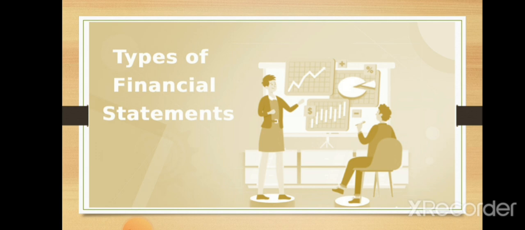It is intended to convey the profitability position and the overall financial soundness of the concern, but sometimes only the financial statements like income statement and balance sheet in its actual form cannot convey the true and fair financial position.